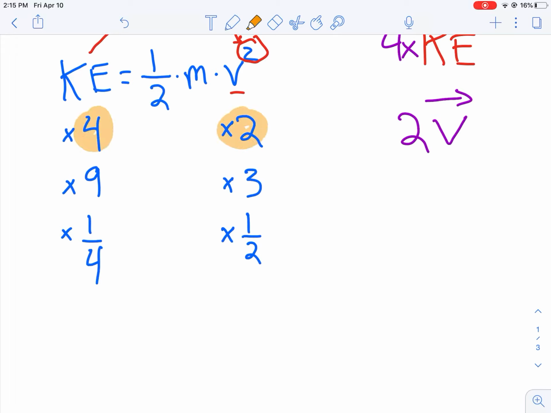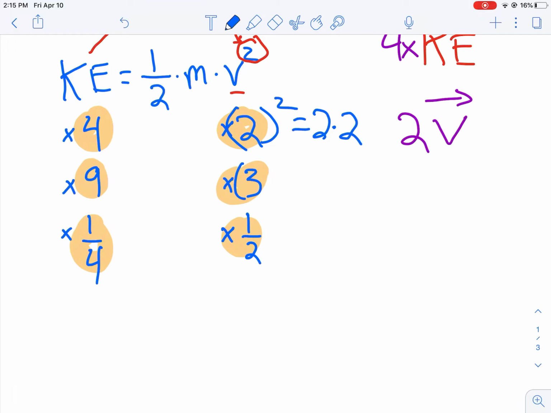Now, I want you to look at how these changes are similar to one another. Think about 2 and 4, 3 and 9, 1/2 and 1/4. They are squares of each other. If I take the number 2 and square it, that is the same as multiplying it by itself, and 2 times 2 equals 4.